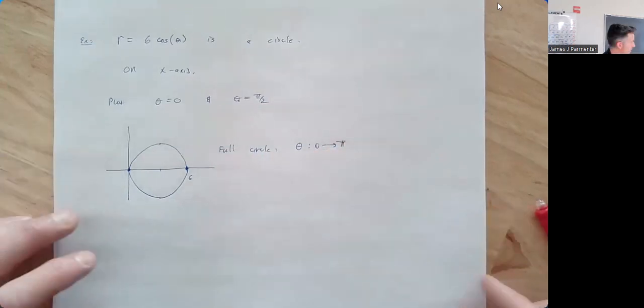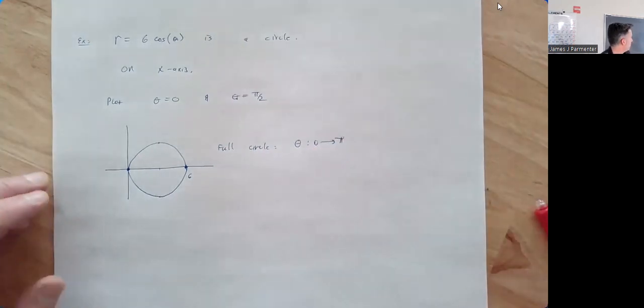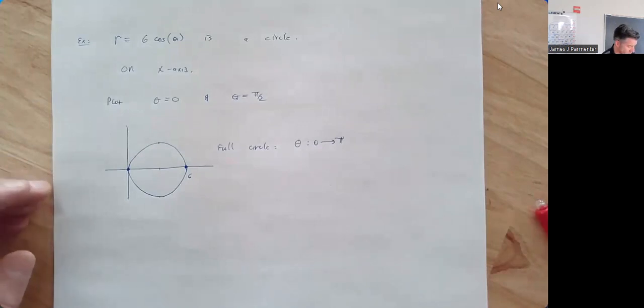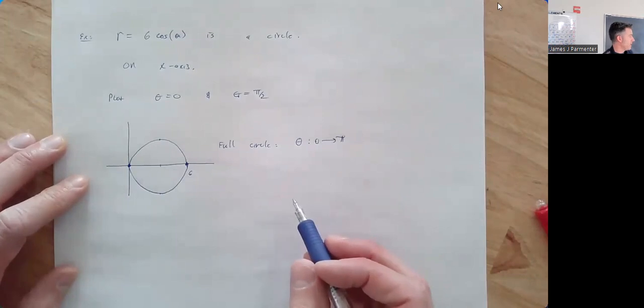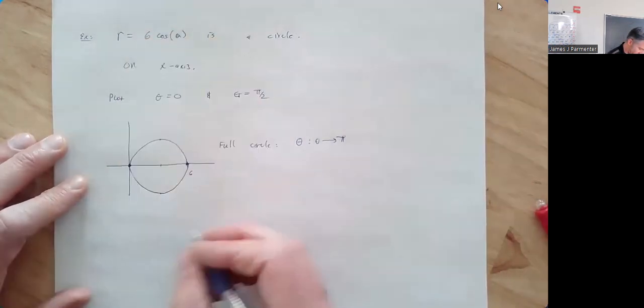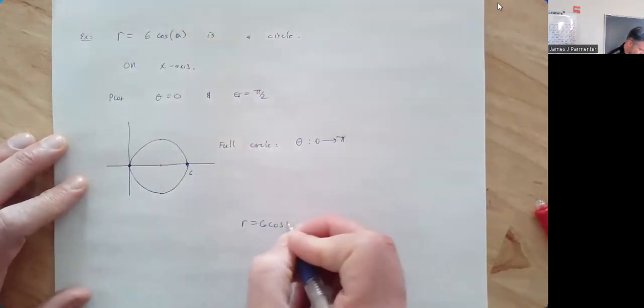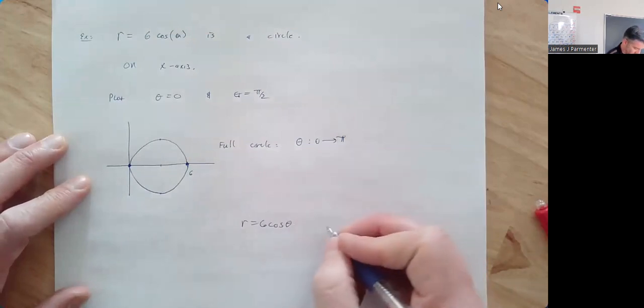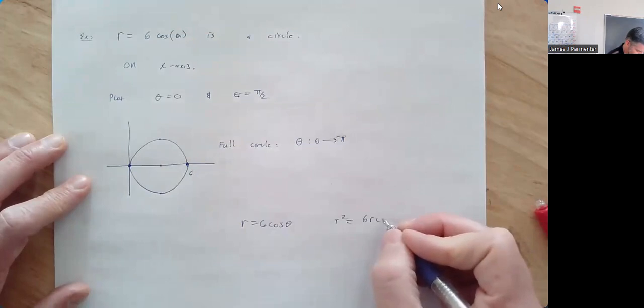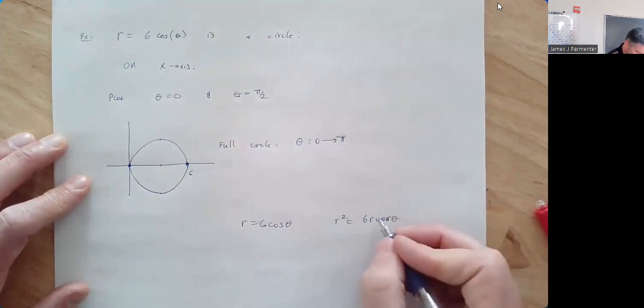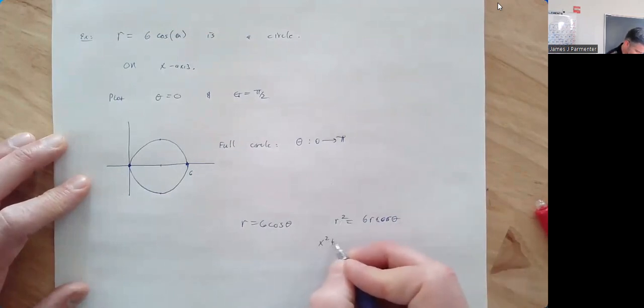And I think I talked about this a little bit last time, so I'm not going to spend too much time on it. I will just point out that you could totally show this as a circle if you didn't like doing it this way by actually converting from polar to rectangular. You could take r equal to 6 cosine theta, multiply both sides by r. So r squared equals 6r cosine theta. And then r squared is x squared plus y squared.